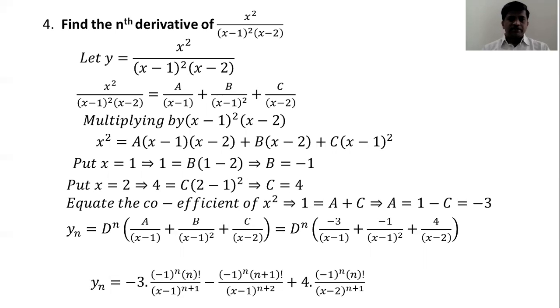So yₙ is the nth derivative of a by (x − 1) + b by (x − 1)² + c by (x − 2). Let us substitute a, b and c.